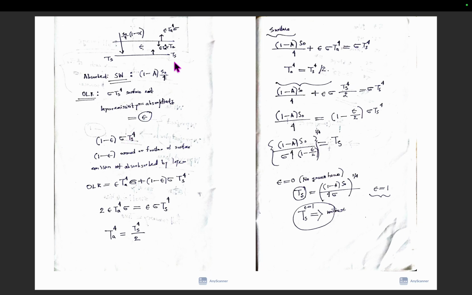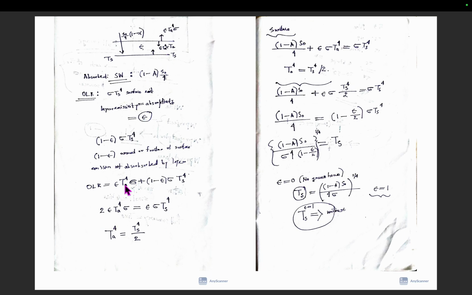So you can check that the atmosphere will be radiating to the upper region and also the lower region. So considering atmospheric emissivity to be epsa, you can write the total emission due to this atmospheric layer is 2 sigma epsa Ta to the power 4, this factor coming 2 times.